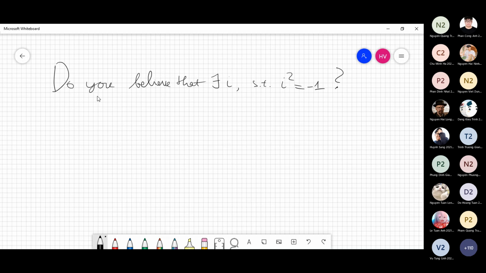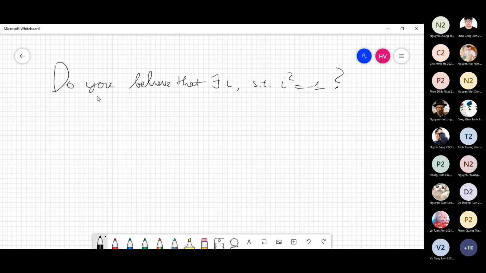All of you believe that? Or none of you believe? Yeah, we do believe it. No one believes that, or someone? I believe that i squared equals minus 1. Oh, you believe that?